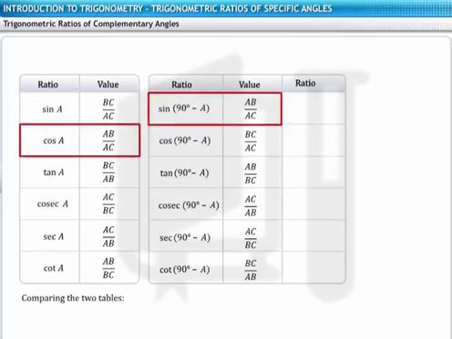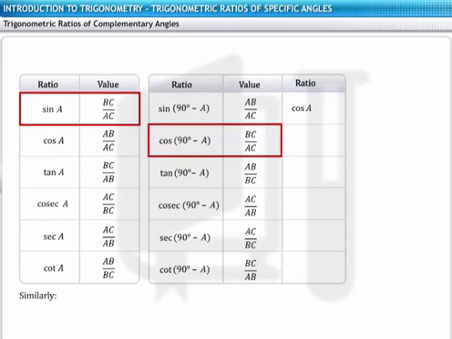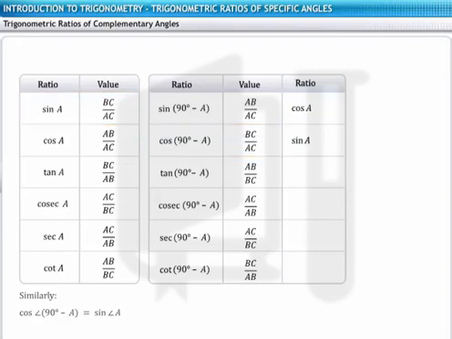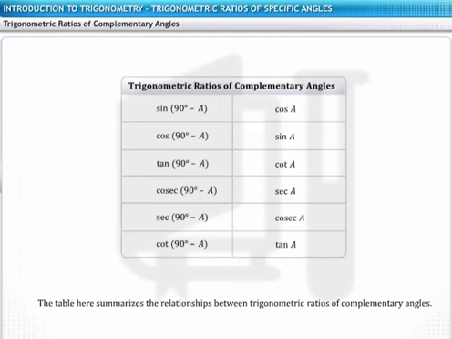Comparing the two tables, we see that the value of sine 90 minus A, that is, AB upon AC, is also equal to cos A. Similarly, we see that the value of cos 90 minus A, that is BC upon AC, is also equal to sine A. Similarly, we can find relationships between the other trigonometric ratios of angle A and its complementary angle. The table here summarizes the relationships between trigonometric ratios of complementary angles.